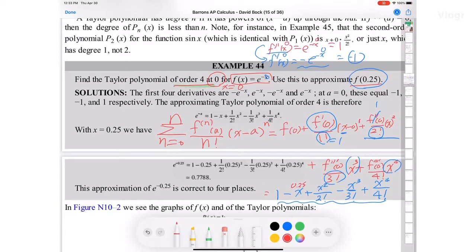That means 1 minus 0.25 plus 0.25 squared over 2 factorial, and then minus 0.25 cubed over 3 factorial plus 0.25 to the fourth power over 4 factorial. We need to calculate this.